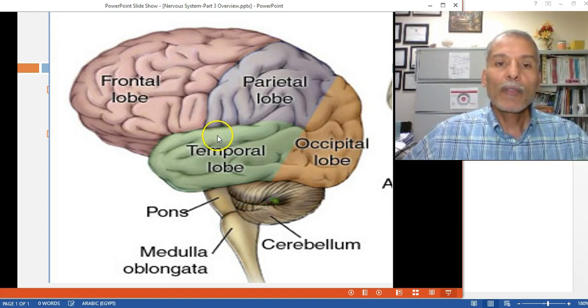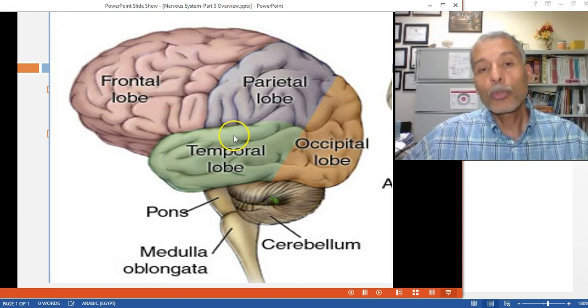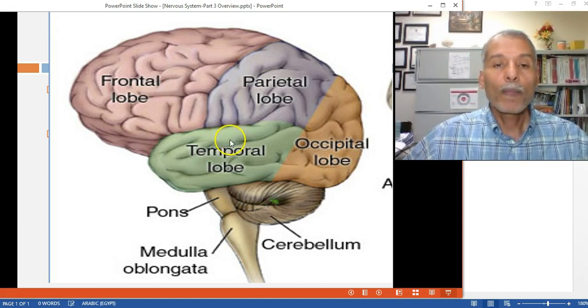And the area itself is called Brodmann area number 41. Next to it is Brodmann area number 42 that also contributes to hearing.